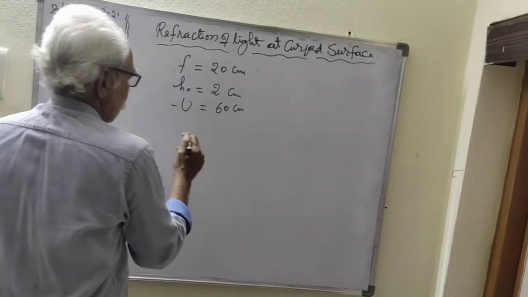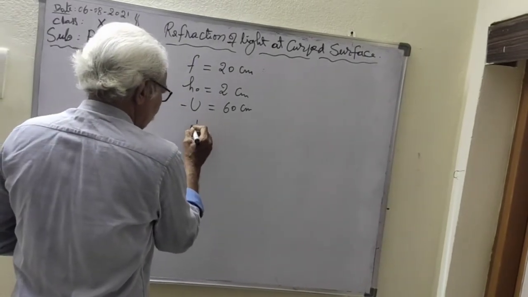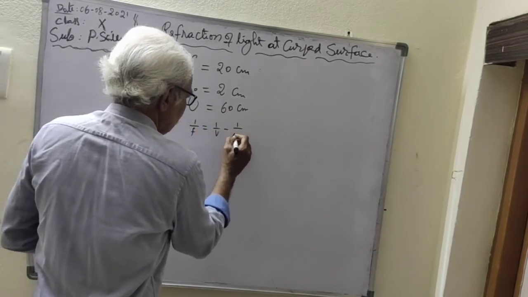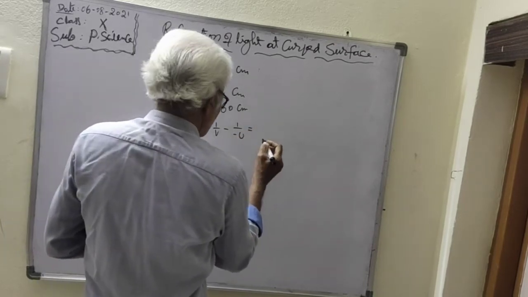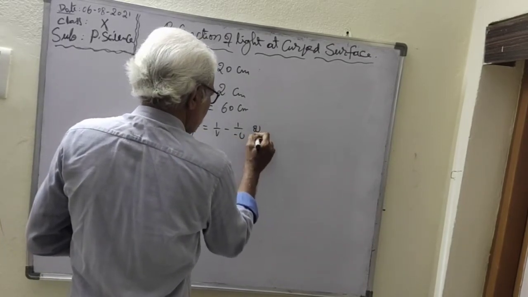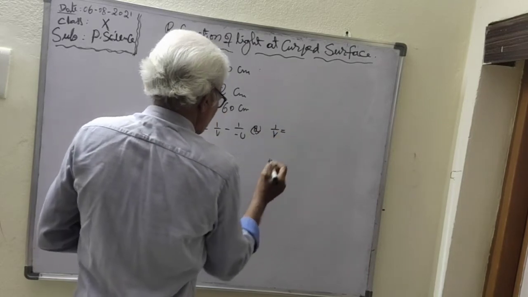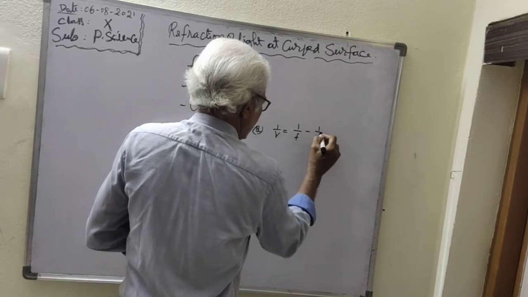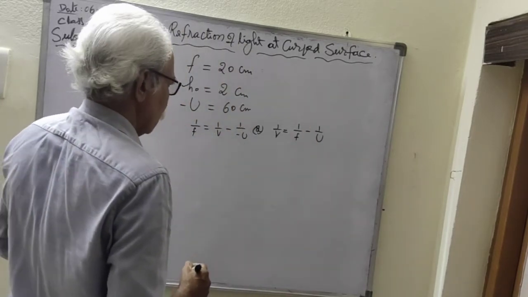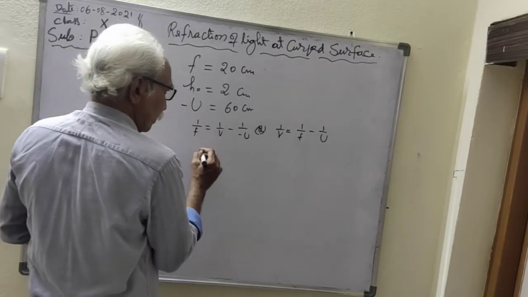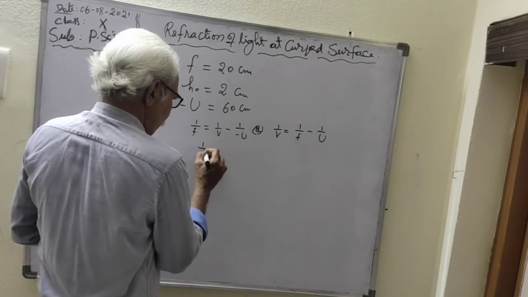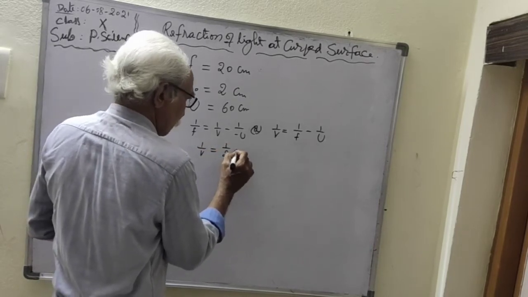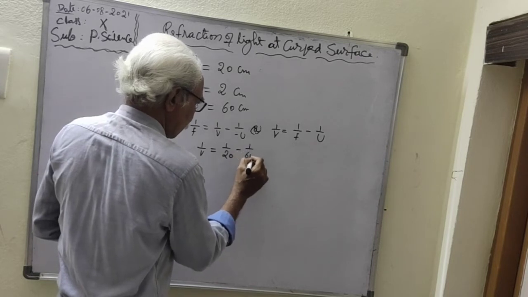By using this, we can write the lens formula: 1 by f is equal to 1 by v plus 1 by minus u, or 1 by v is equal to 1 by f plus 1 by u. Therefore 1 by v is equal to 1 by 20 minus 1 by 60.